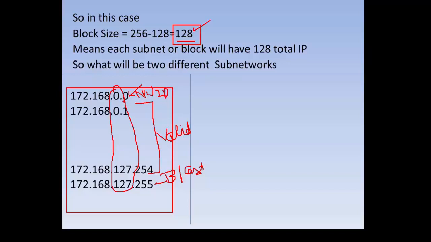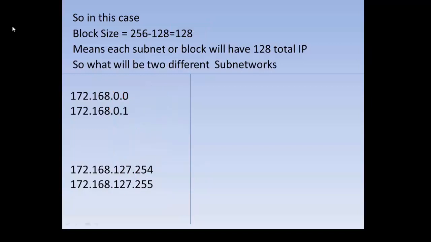So it goes 2, 3, 4, 5, 6, and keeps going. When it reaches 255 the next value becomes 1, 2, 3, and so on, until it reaches 127. So this is the first block.